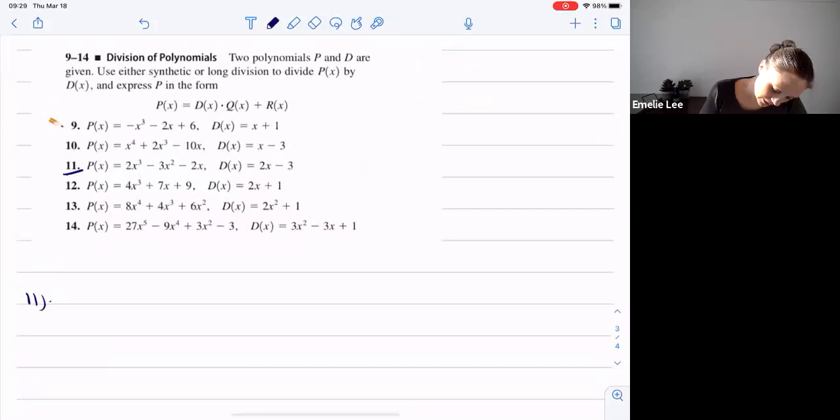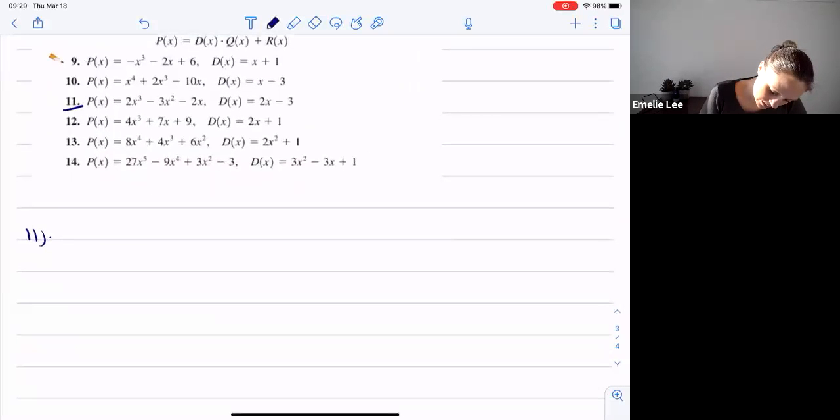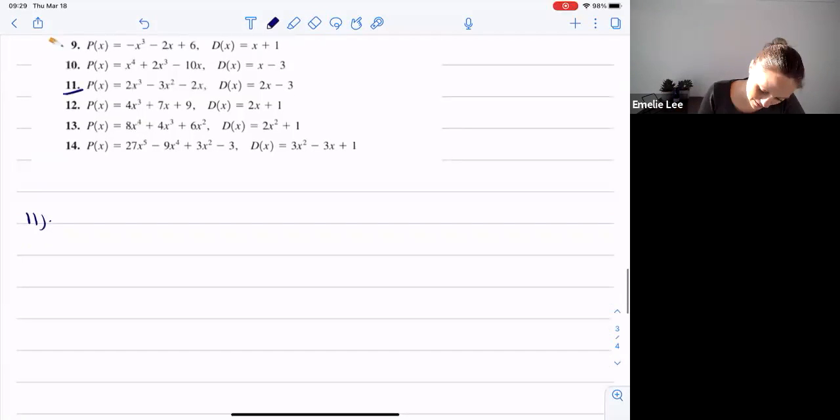All right. So for 11, maybe I'll just set it up right away with our little divisor, and then we'll be off to the races. 2x minus 3.